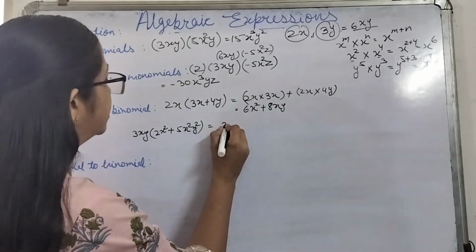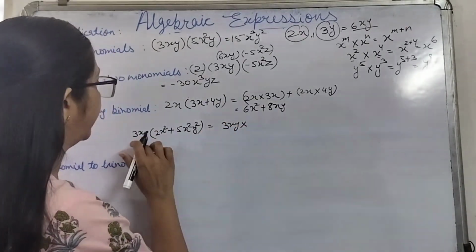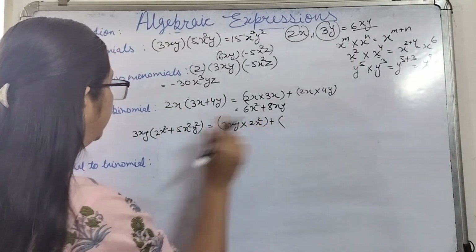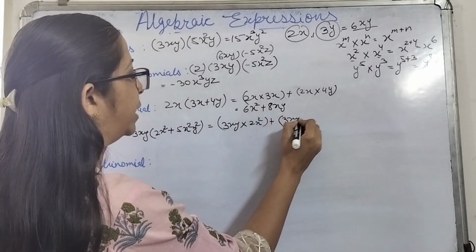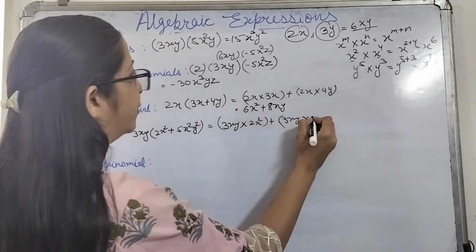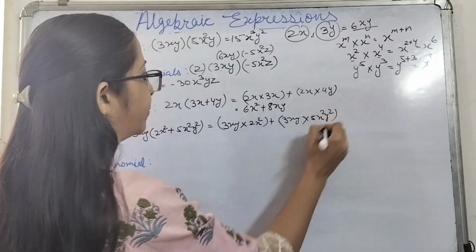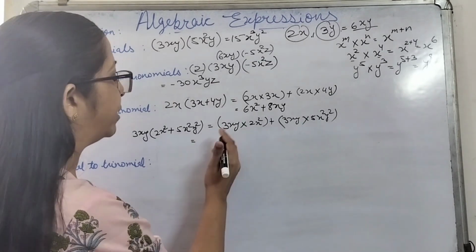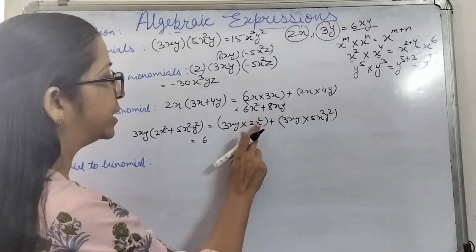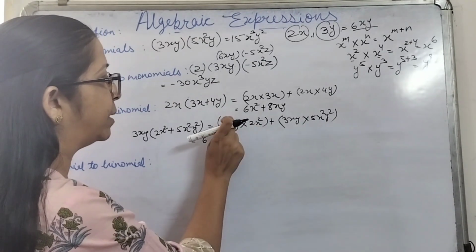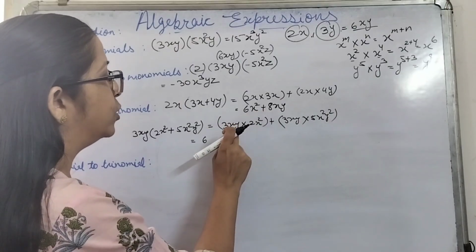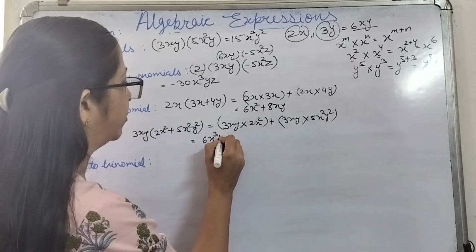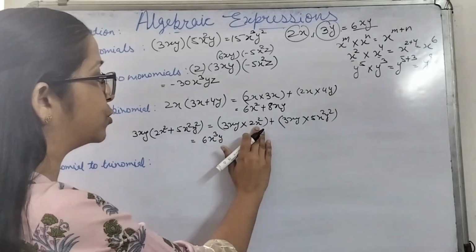So it could be written as 3xy multiplied by 2x square plus 3xy multiplied by 5x square y square. First we solve this part: 3 multiplied by 2 is 6, x multiplied by x square, x raised to the power 1 and x raised to the power 2, so x raised to the power 1 plus 2, that is x cube. y we write as it is. This is the product of these two terms.